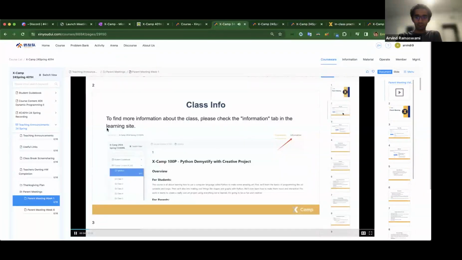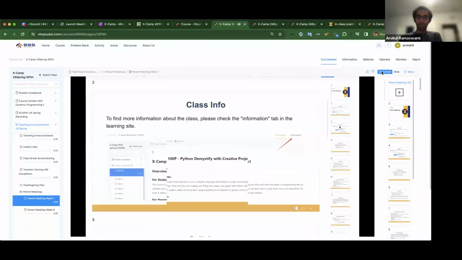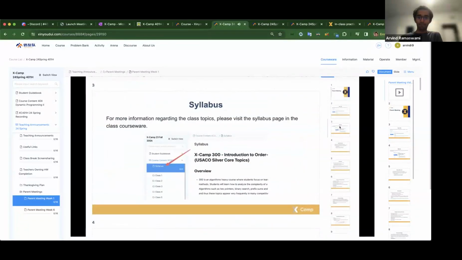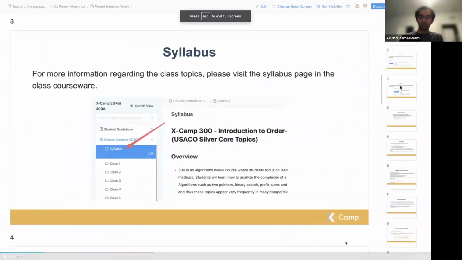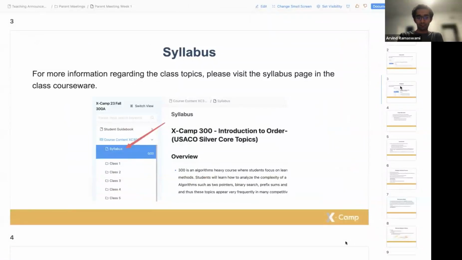Another place for helpful information is the syllabus. The syllabus is located in the course content for the class, and it has an overview of the course content, along with some of the topics that are going to be taught in the class, and potentially even an introduction into what will be taught in the next class.